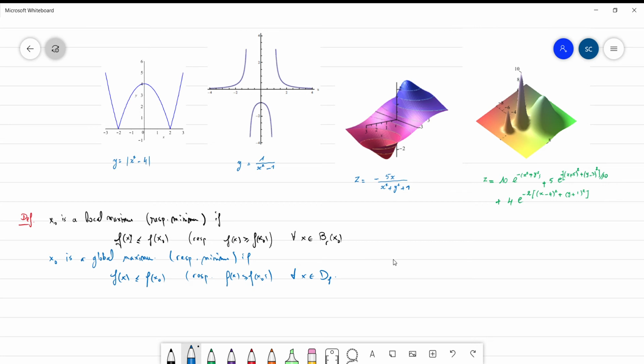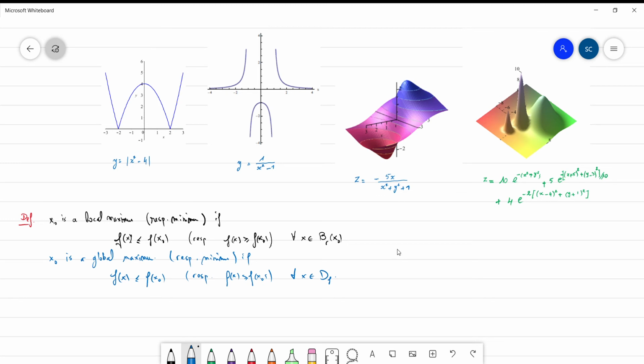Our purpose now is, how can we find those points? We know that they are important. Given a formula for our function, how can I locate these candidate points for optimality?